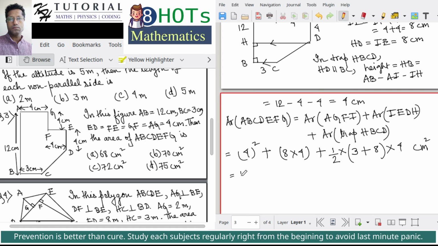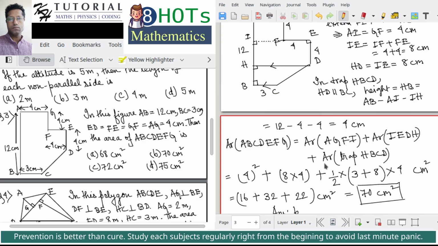This is equal to 16 plus 32 plus 8 plus 3 is 11, so this is 22, this much centimeter square, and this is equal to 70. So 70 centimeter square is the area of the total figure, and hence the correct choice is B.